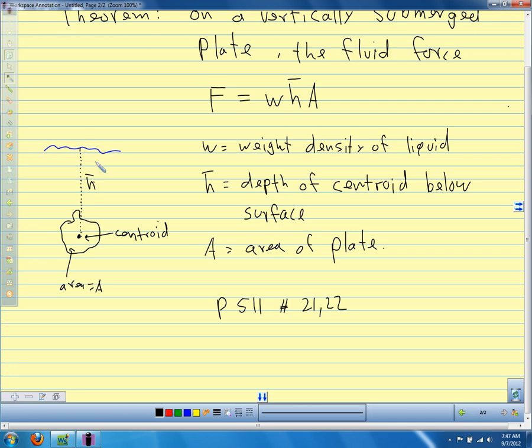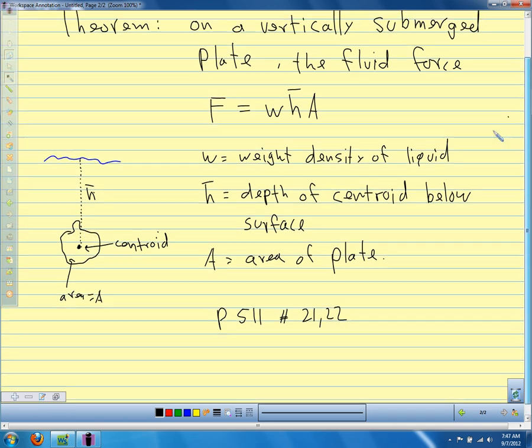So number 21 is asking you to prove this theorem, essentially, and then number 22 is an exercise involving this idea. It's not a difficult problem. If you're interested at all, I would suggest you go back and give it a shot. It's not too hard at all. So any questions on our extensions? I just find these little facts really interesting.